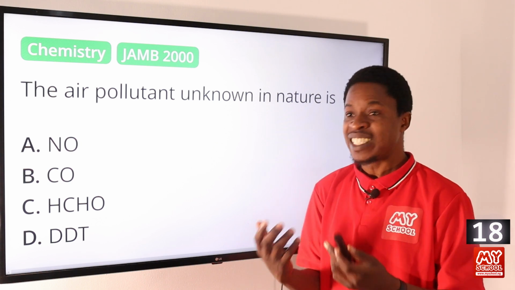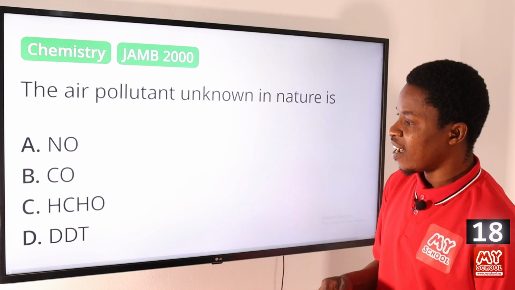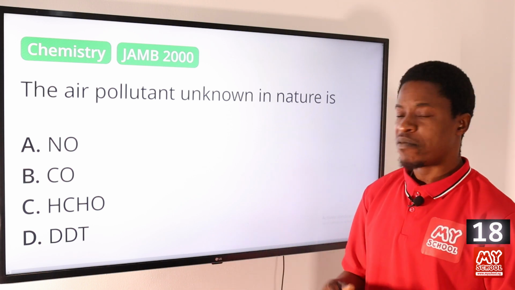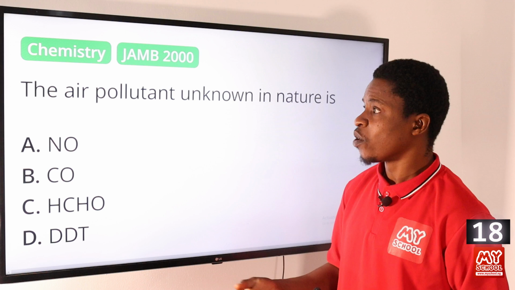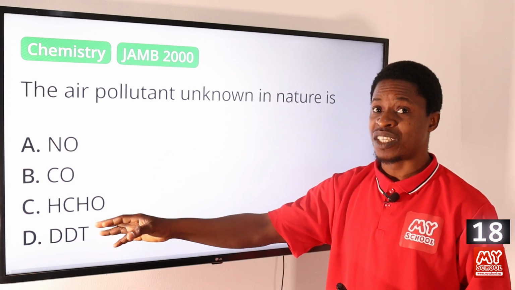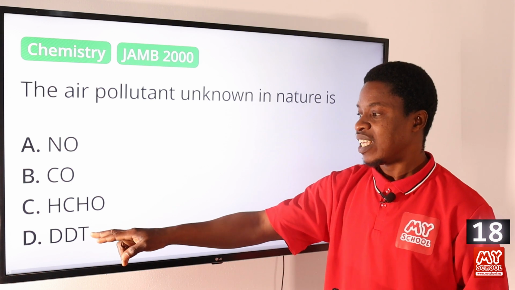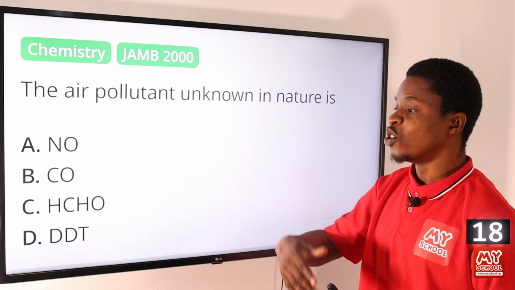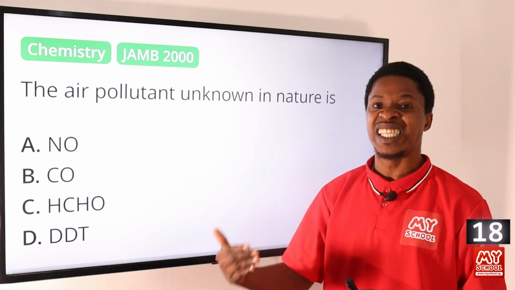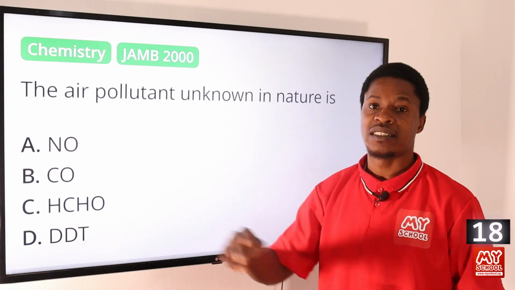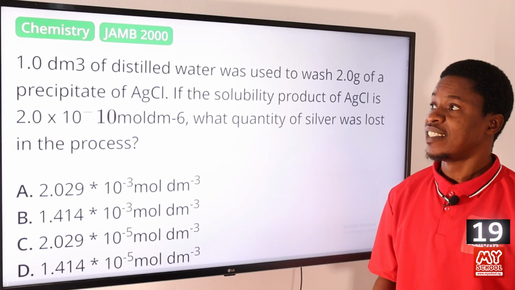It is a synthetic kind of product that is used in the treatment of insects. It is actually a pollutant, but does not occur in nature. So among these options, the air pollutant unknown in nature, that cannot be found in nature, is actually option D, DDT. Question number 19.